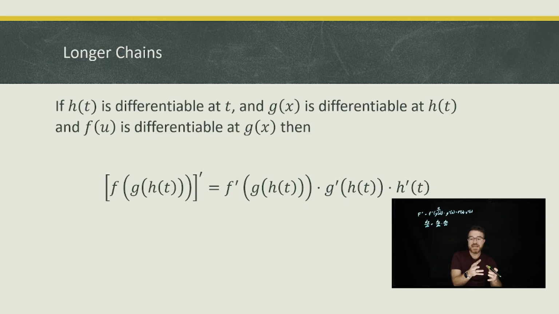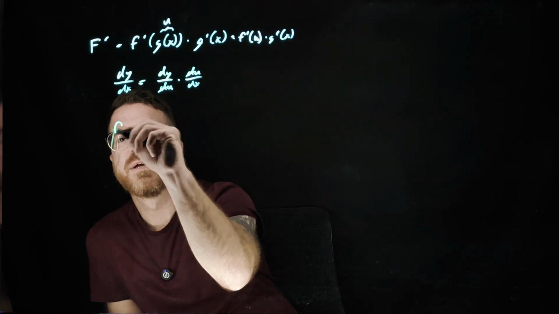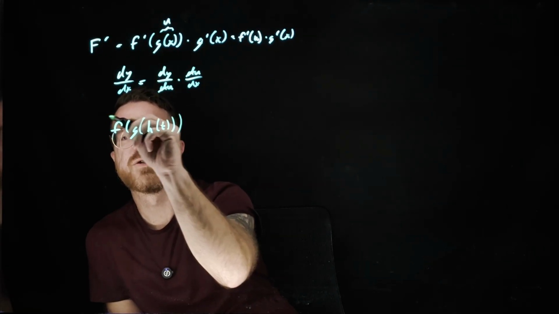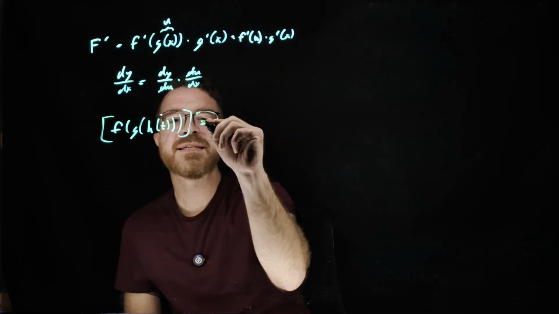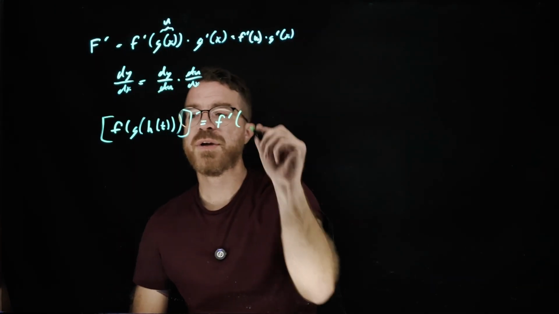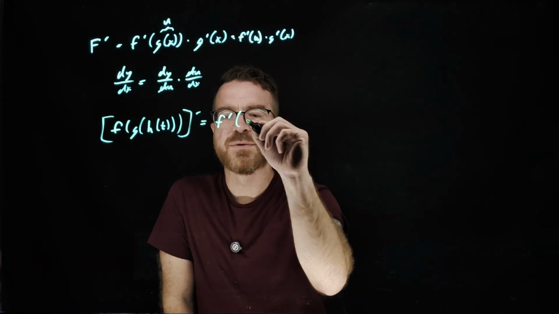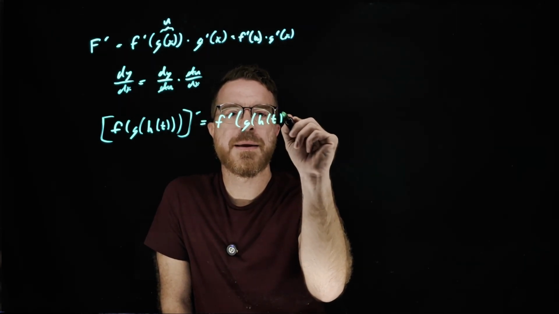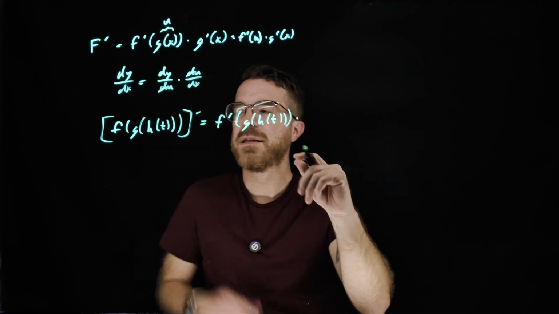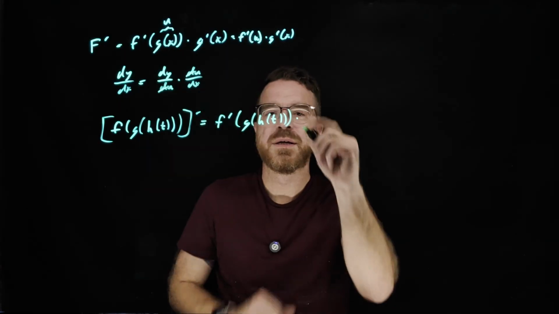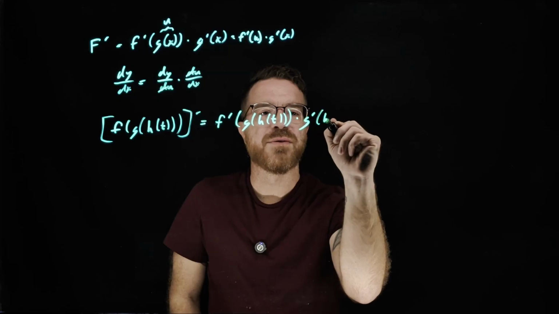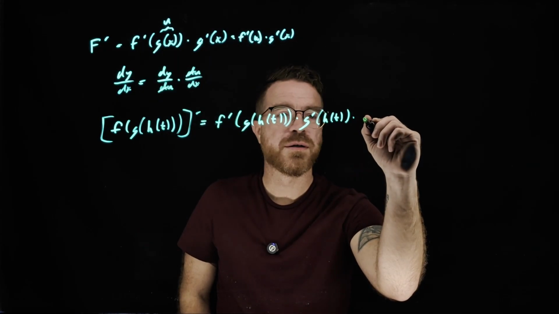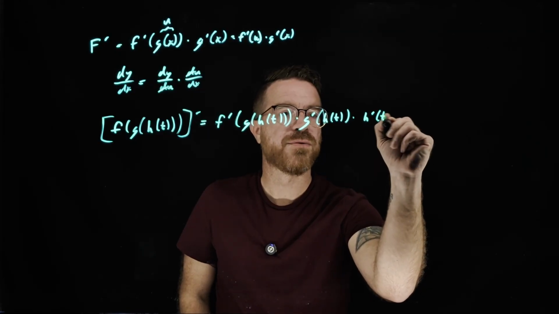If we take the derivative of this entire thing, we take the derivative of the outer term, f, so this would be f prime of g of h of t, times the derivative of the middle term, g prime of h of t, times the derivative of our most inside term, h prime of t.